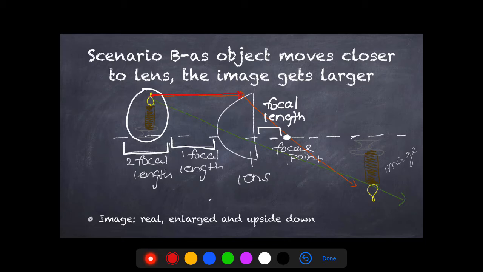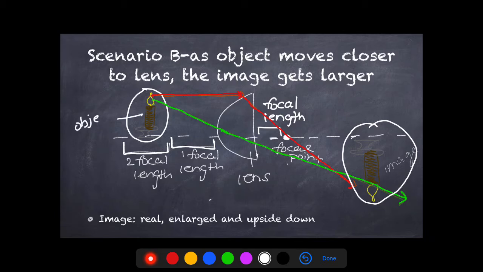And we're going to see how one ray that's coming out from the candle is going to hit the lens, and it's going to be refracted or bent through the focal point. I have another ray that's going to go towards the lens and go through it, okay? Now, we see that the image that's being made is a lot bigger, still upside down, than the object, okay?